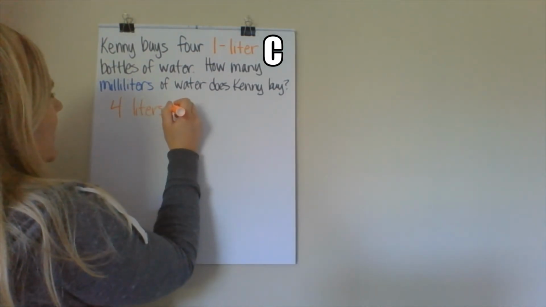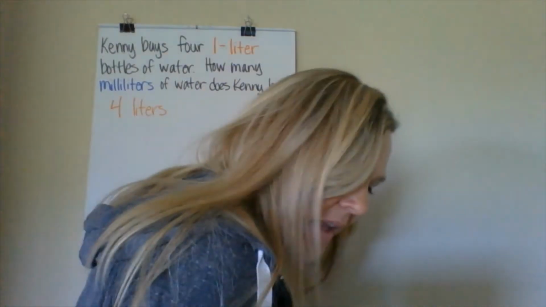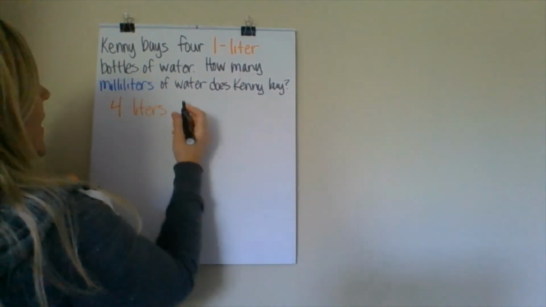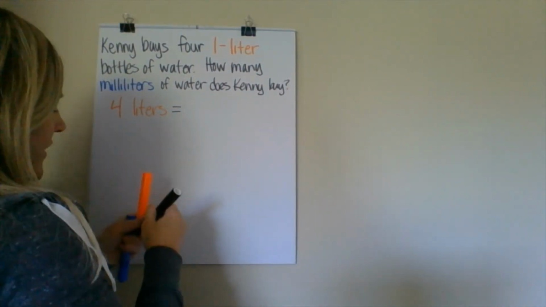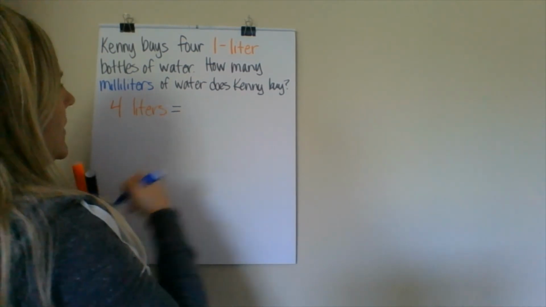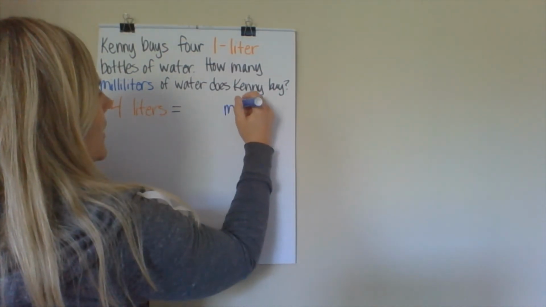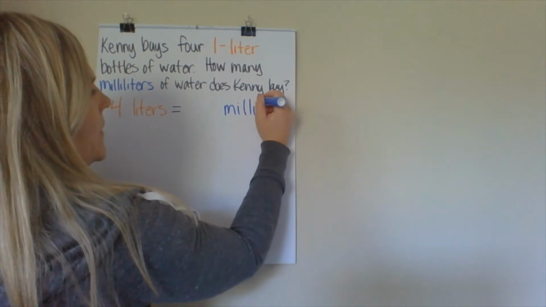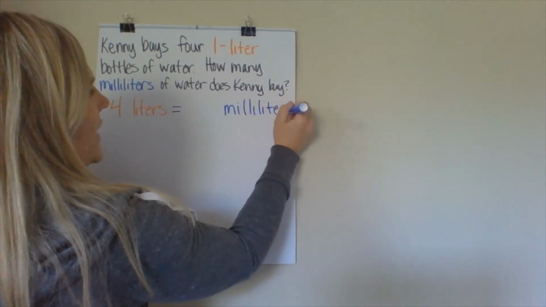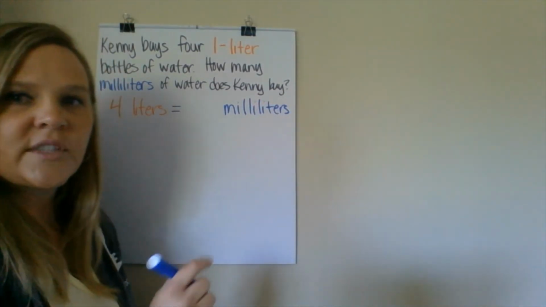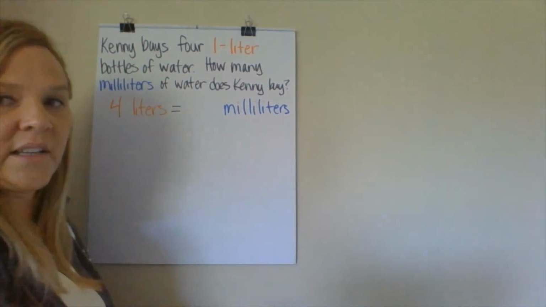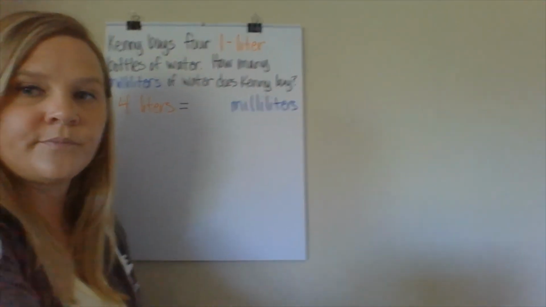and we want to know how many milliliters that equals. So to get from liters to milliliters, there's a lot of L's and I's in that word. So to get from liters to milliliters, do you remember what we do?